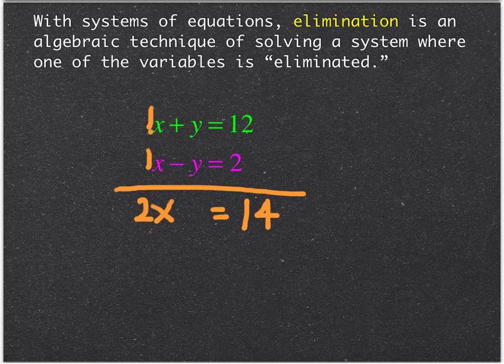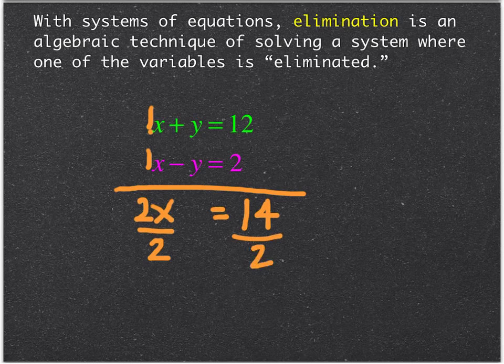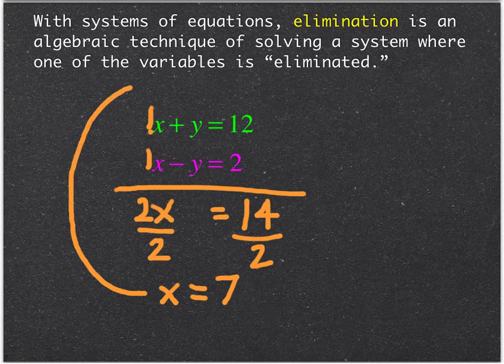So what I've just done now is eliminated one of those variables. Now the equation I have left I should be able to solve fairly easily. Just divide both sides by 2 and I see that x is going to be 7. And then there is a little bit of substitution that comes into play here, because now I have to take this 7 and put it back in place of this x. It doesn't have to be in this equation, it could be the other one.